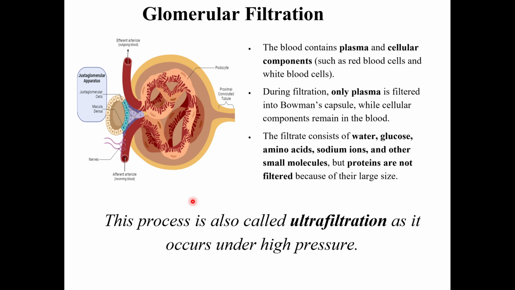This process occurs in different parts of the nephron, mainly in the proximal convoluted tubule, loop of Henle, and distal convoluted tubule, that I have discussed in the structure of the nephron in an earlier slide. In the PCT, the majority of reabsorption occurs. Useful substances like glucose, amino acids, and sodium ions are actively transported back into the blood.